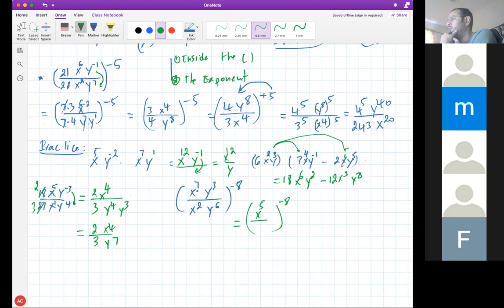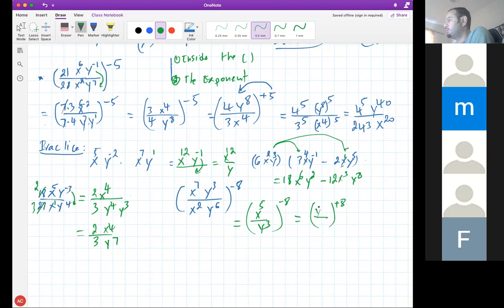Okay, so this and what else? y to the 3. That's right, it would be y to the minus 3 here. So now it's a negative power. We're done with parentheses. What do we do to make it positive again? To make it positive, we flip it. So it's going to be to the 8.